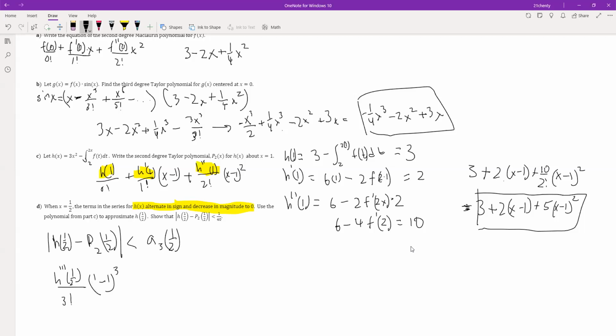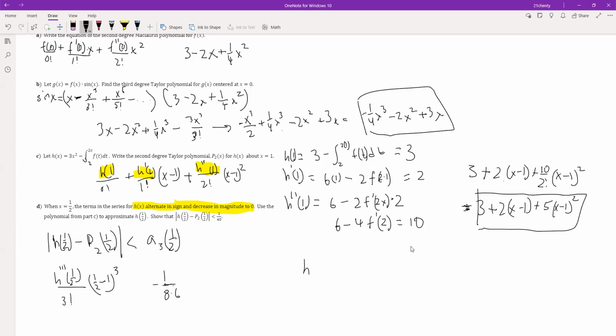In this case, x is 1/2. So that's negative 1/2 cubed, so negative 1/8, over 3 factorial, which is 6. Then we're looking at h triple prime of 1/2. h double prime we already found was 6 minus 4 f prime of 2x.